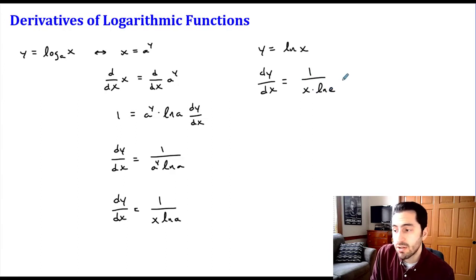However, we know that the natural log of e simplifies to 1, so the derivative of the natural logarithmic function just ends up being 1 over x, which is nice and clean and simple. Okay, so now that we've established these two rules, let's use them in a couple examples.